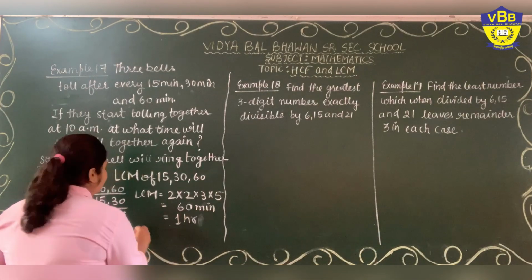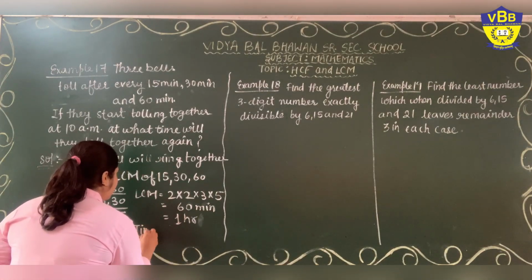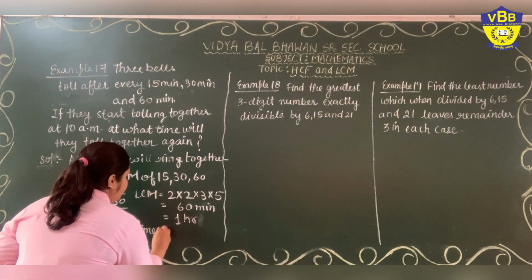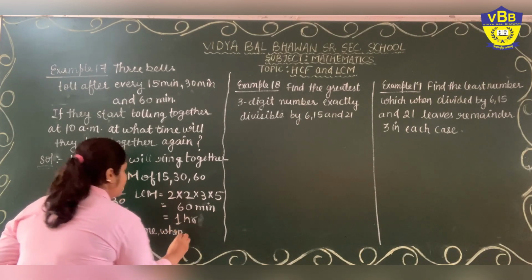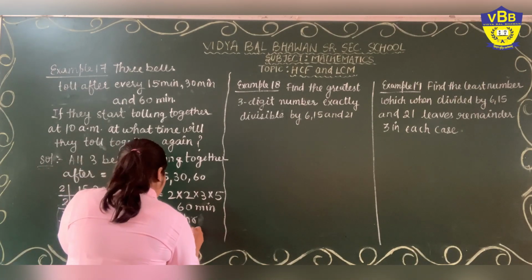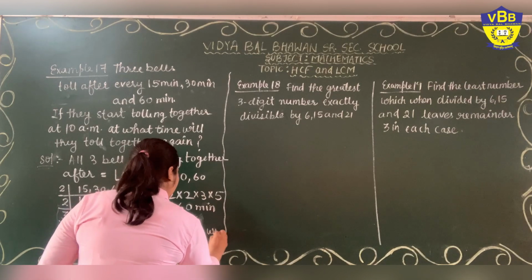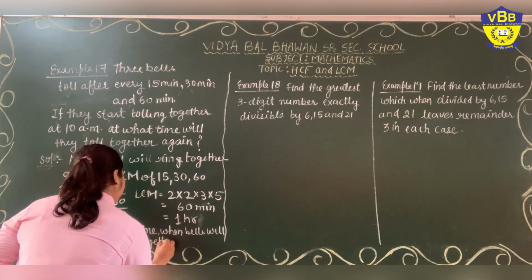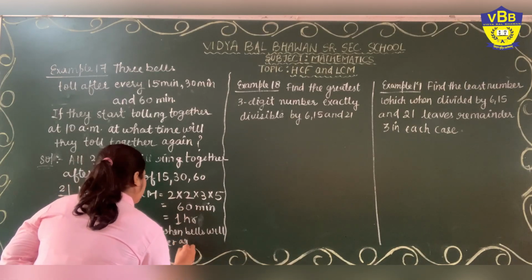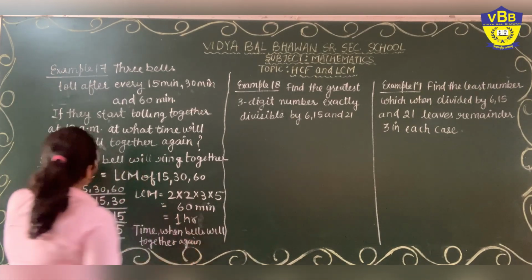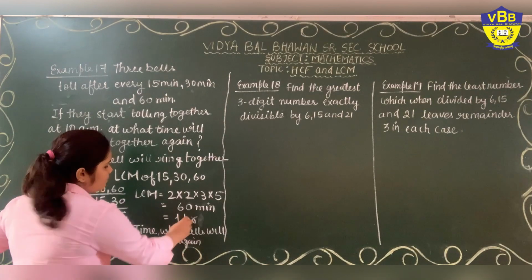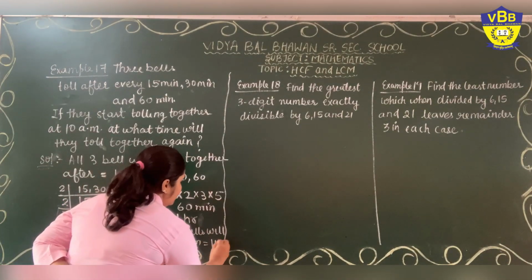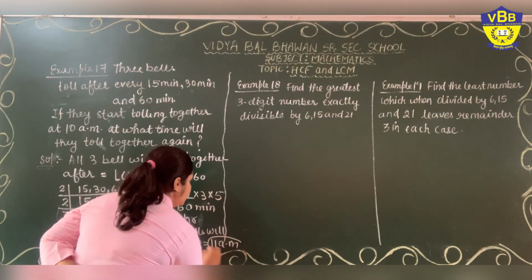So the time when the bells will ring together again: it was 10 am, it has happened after 1 hour, so it will be 11 am. Answer is 11 am.